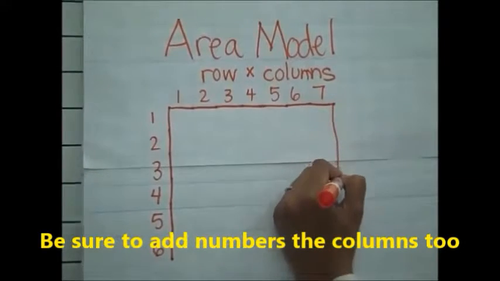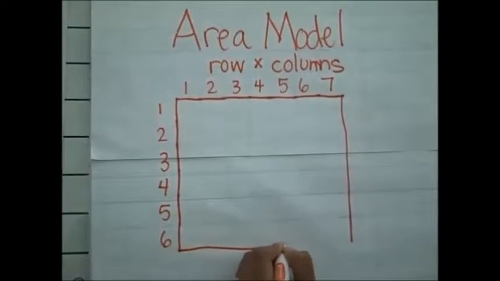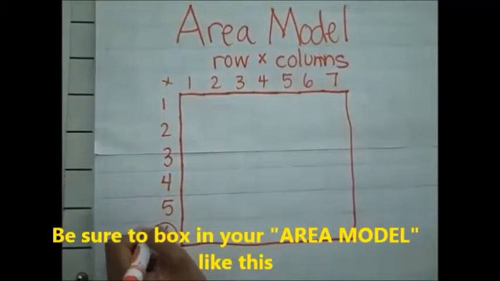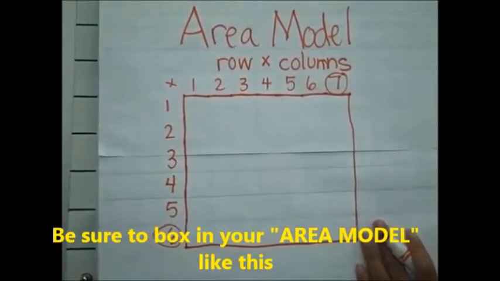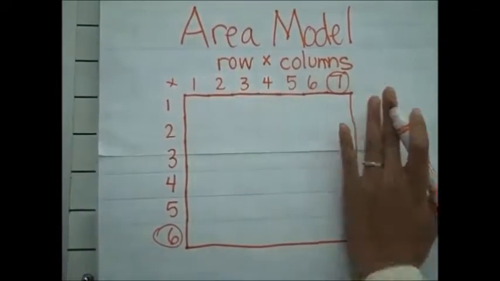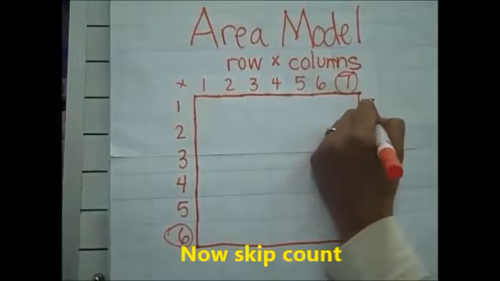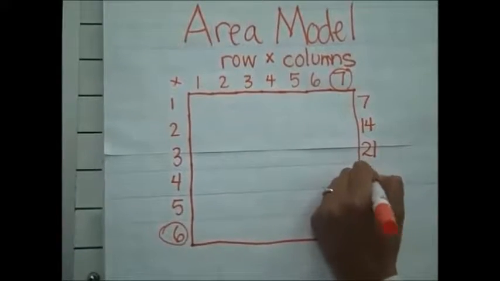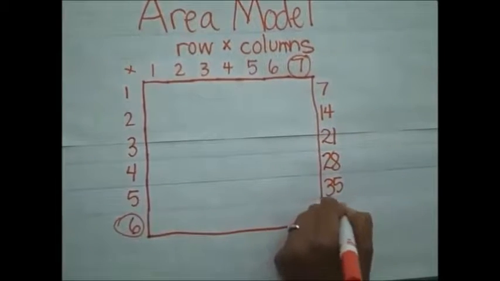Now, I can box in my area model that represents 6 times 7. I want to skip count at the end so that I know what my product will be. So I have 7, 14, 21, 28, 35, and 42.